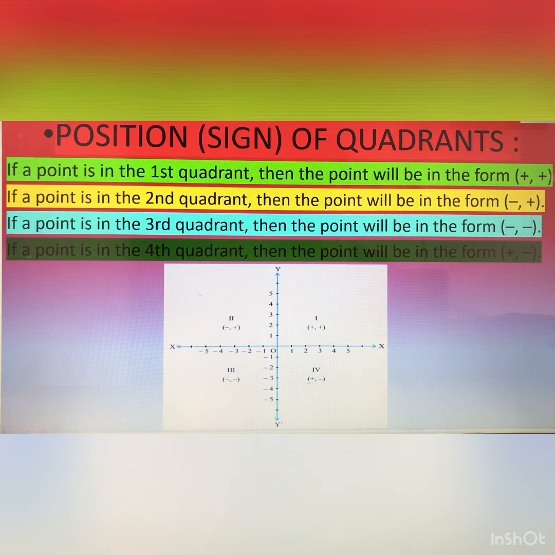And the fourth quadrant again, near to the y-axis, positive sign, means all positive signs just nearer to the y-axis. In the first quadrant all are positive, and in the second quadrant plus just near to the y-axis and negative sign just far from the y-axis, and similarly in quadrant number 4.